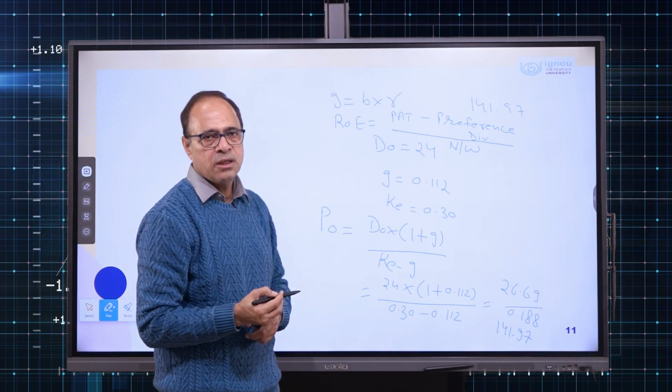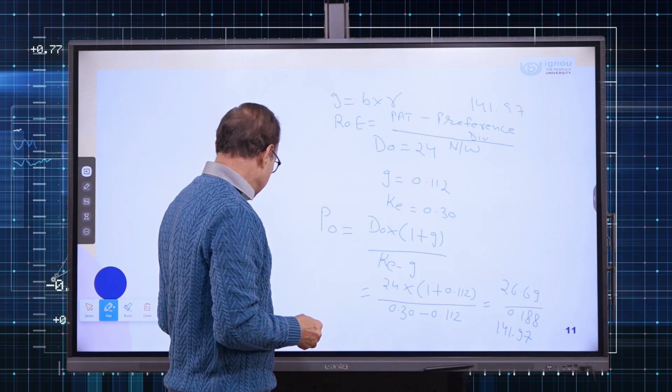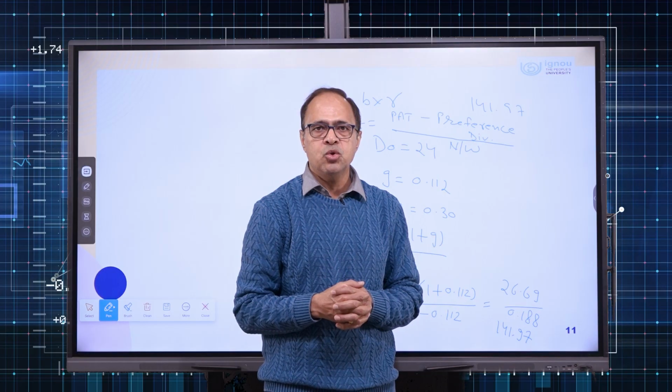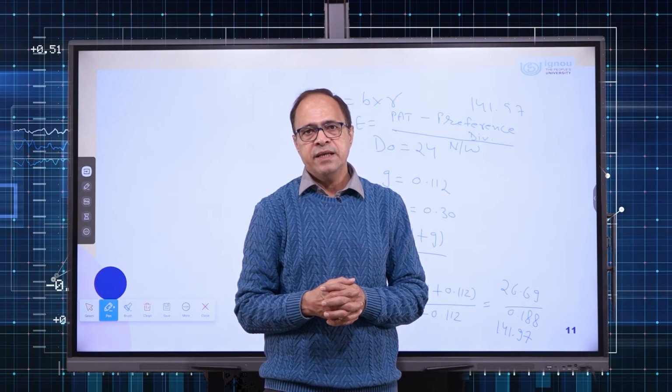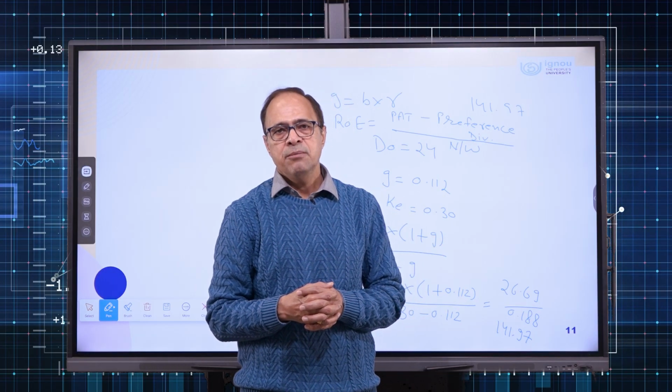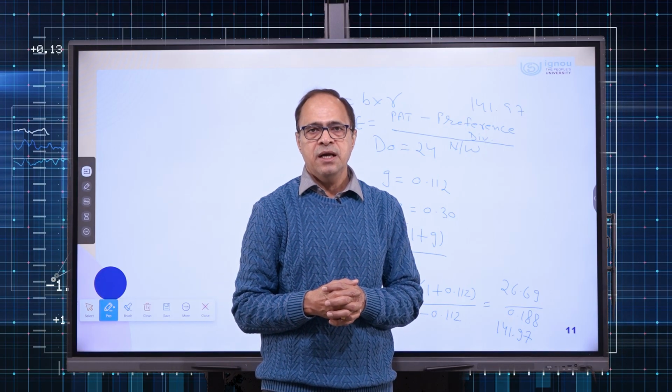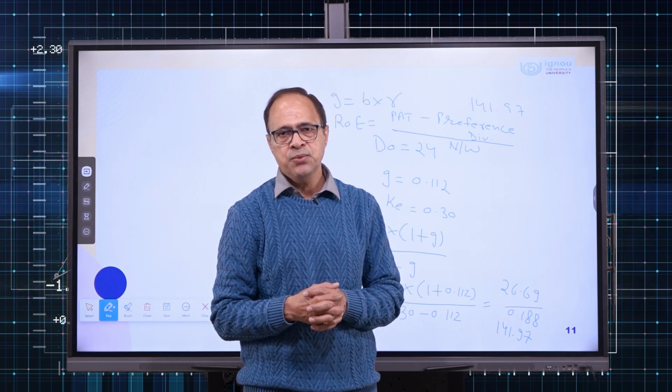So dear learners, that is the simple concept we have practiced in this session, how to value equity shares. In the next session, we will practice the valuation of fixed income securities, that is debentures and preference shares. Thank you.